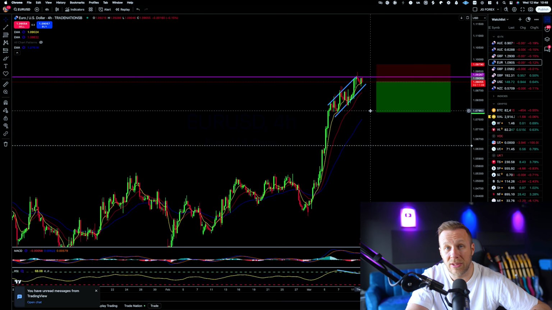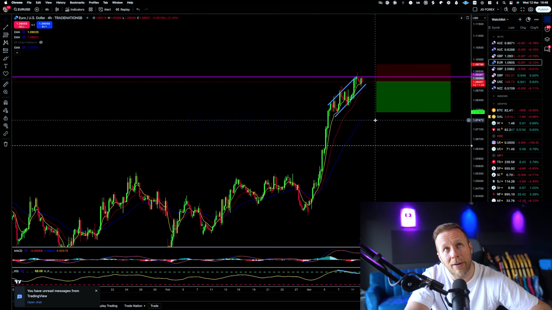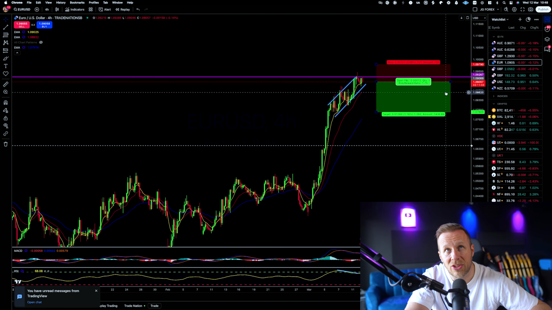These typically play out pretty quick, so I wouldn't expect targets to take more than 2 days to be hit. Tomorrow's probably where you'd be looking to get out of this, if not today, right? Worst case tomorrow, and you usually see a quick roll off, and then the market continues to consolidate for a bit, and you're out of the trade, so you don't care.